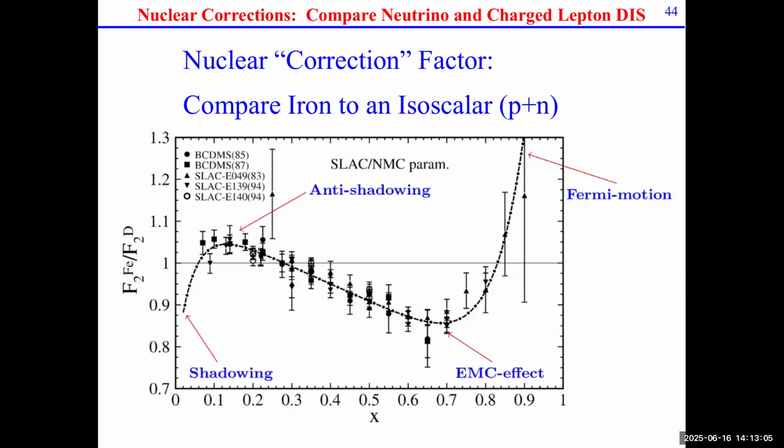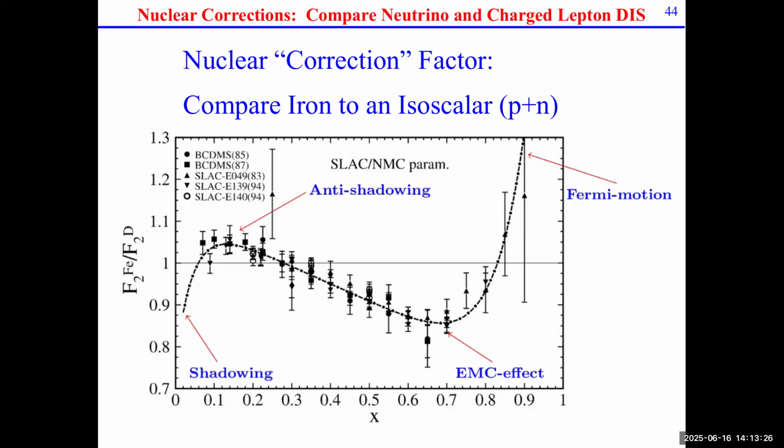But if you work it out, and this is an old plot, to a good approximation the nucleus is just a bag of protons and neutrons, loose, and you just use isospin to get the proton to neutron and put them all together, and that's my model of the proton, model of the neutron, model of the nucleus. You're pretty close.